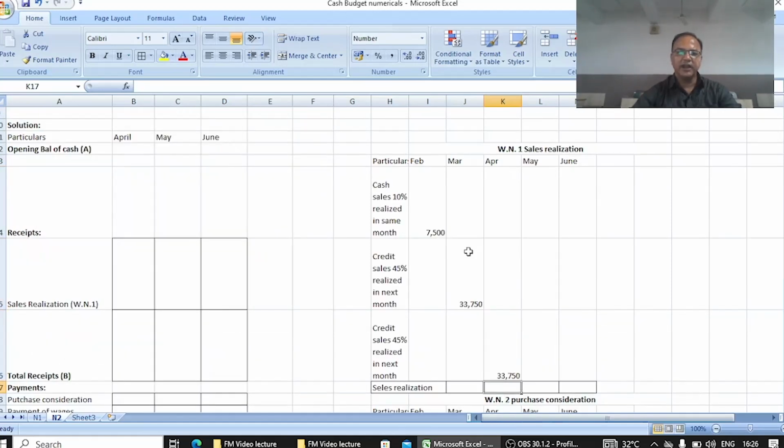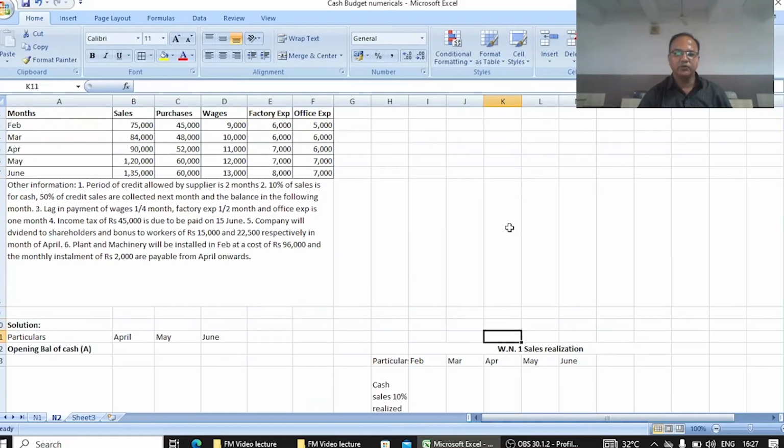It means 10%, 8,400 is received here, and 75,600, it means 37,800 will be recovered in next month, and 37,800 will be recovered in the next month.